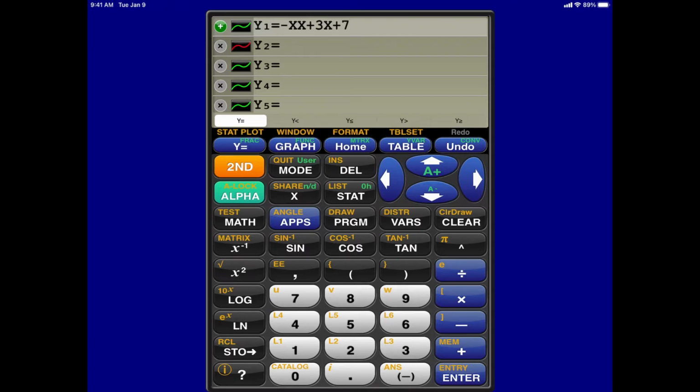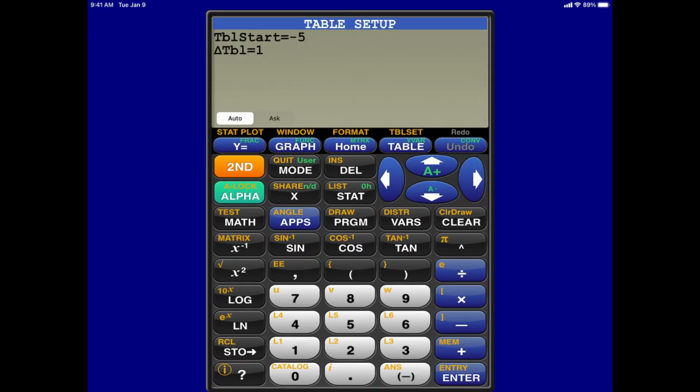Okay, now I'm going to do something called table set. So you're going to press second table. And I want you to be on auto. And you can start at -5, sure, and change in the table you want it to go by ones. So you can just scroll down and press 1, okay? So go to table now, which is above the up key.